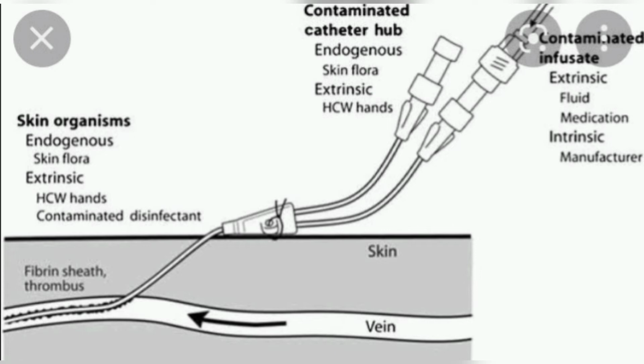Once after the insertion, the strategy continues until removal. We have to maintain the catheter in a proper manner. Whenever we manipulate a catheter, we have to use maximum sterility.